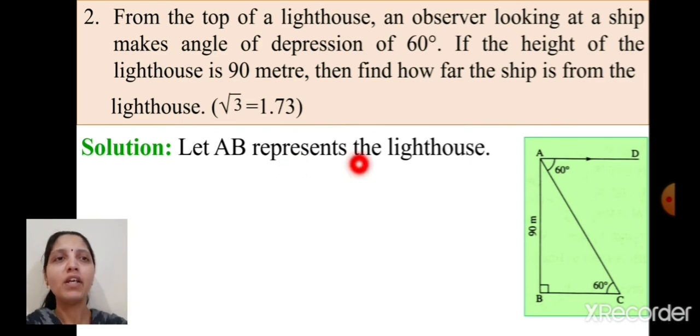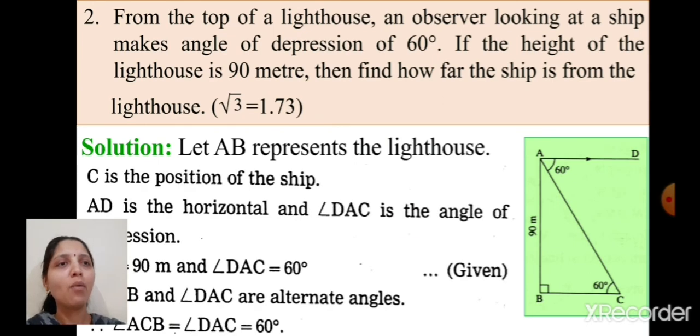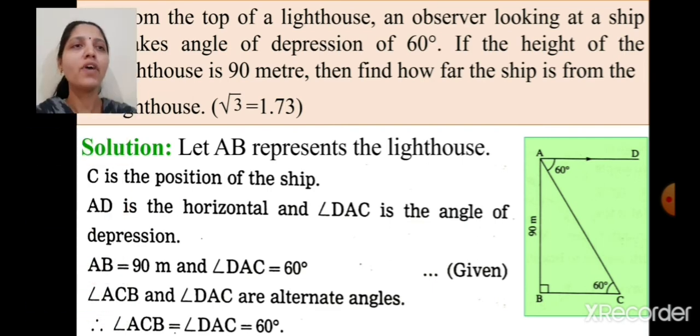Let AB represent the lighthouse. This AB is the lighthouse and its height is 90 meters. Point C is the position of the ship and AD is the horizontal line. Angle DAC is the angle of depression and it is given as 60 degrees.